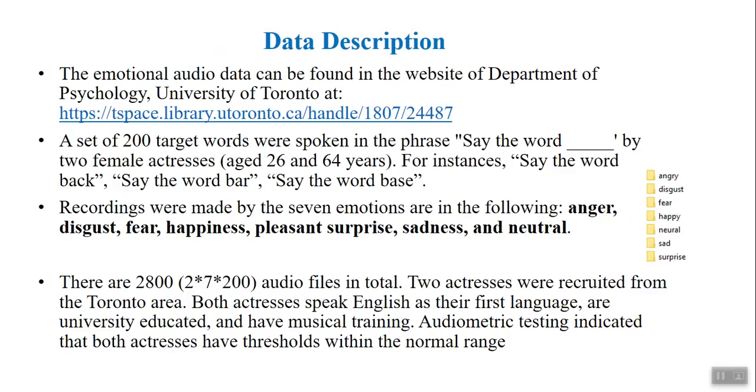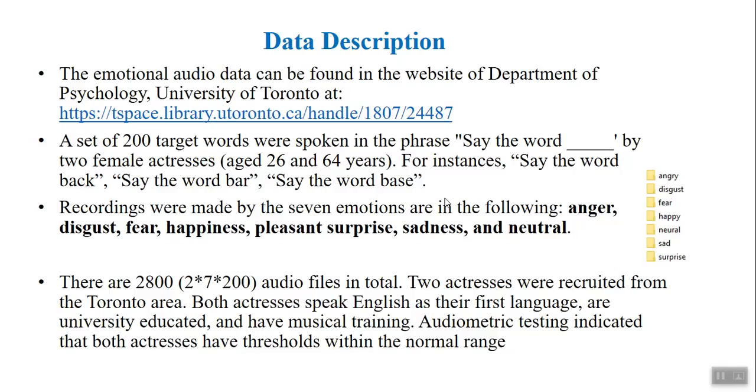For the data, I got it from the Toronto University Psychology Department. I can show you the data a little bit. They provide 200 target words for each emotion, and there are 2 actors who speak those words in these 7 emotions.